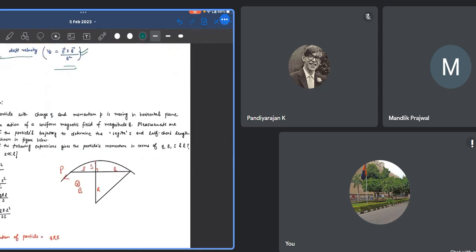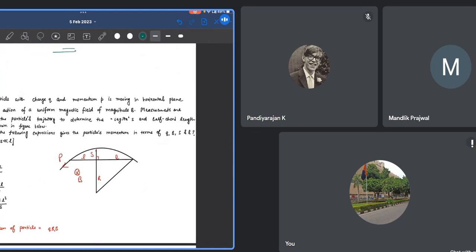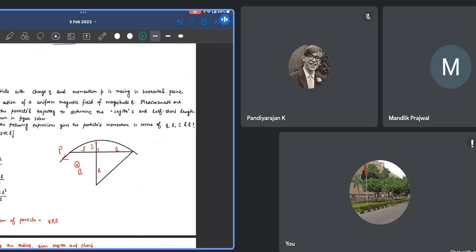Now we will solve certain questions from the GATE exams. This question was asked on Telegram by some student. A particle with charge q and momentum p is moving in a horizontal plane under the action of a uniform magnetic field.